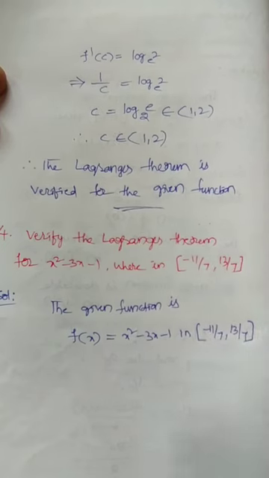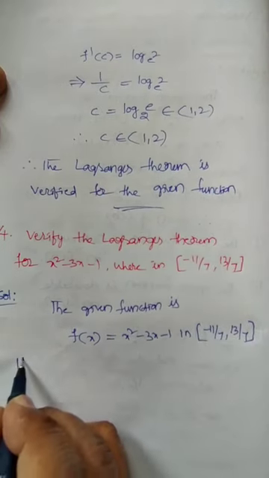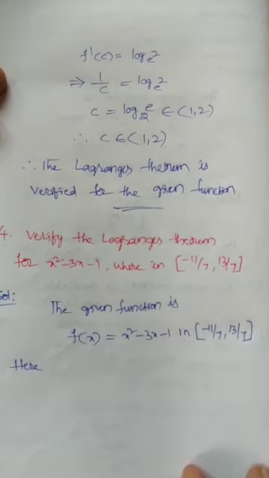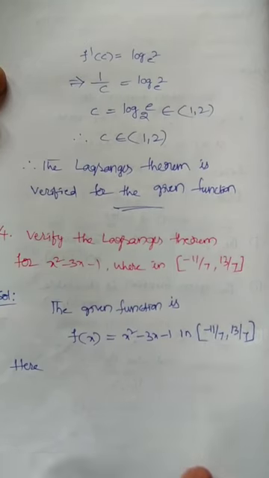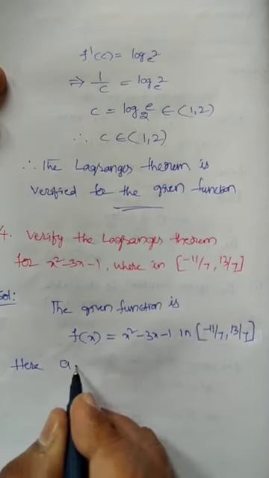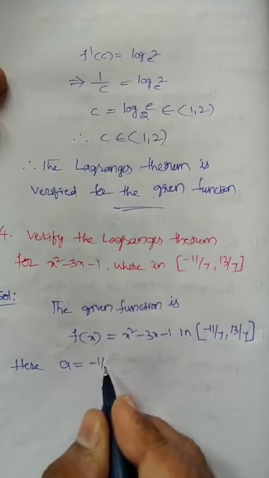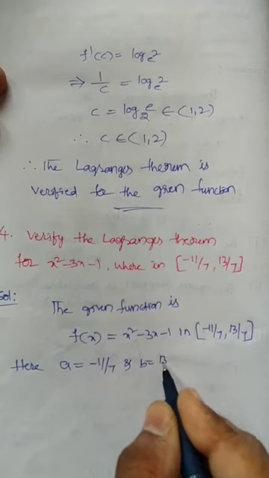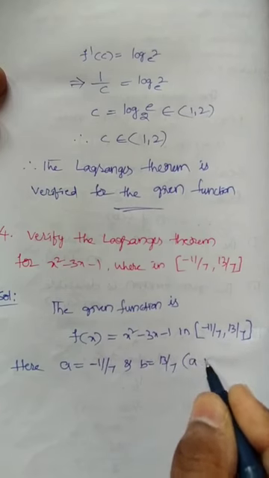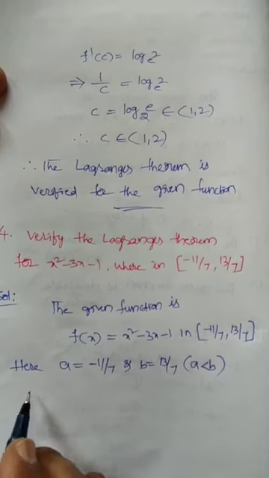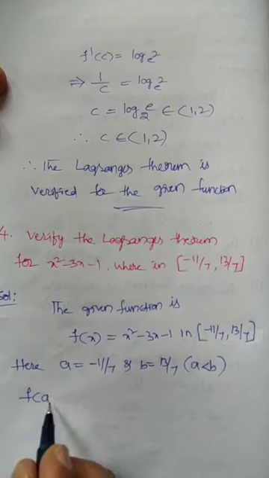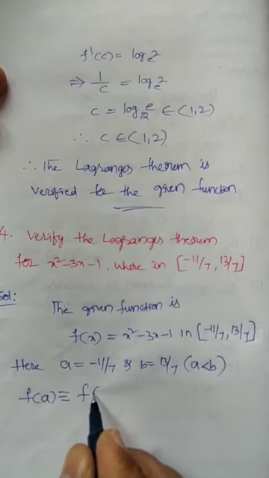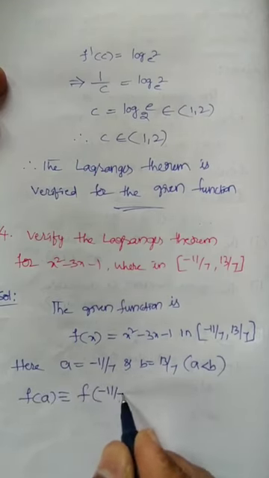Here I am taking small a equal to minus 11 by 7, and small b is 13 by 7, where a is less than b. Now I am finding f of a, which means f of minus 11 by 7.